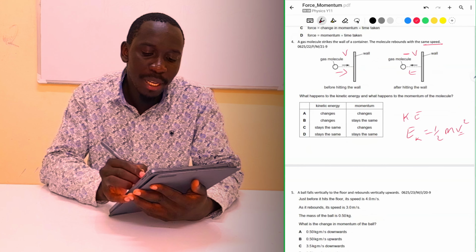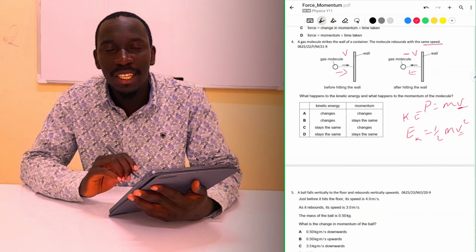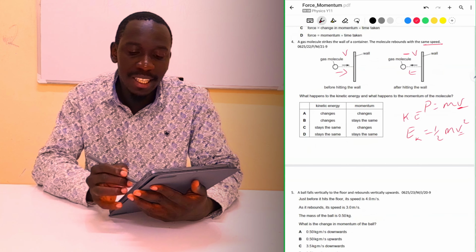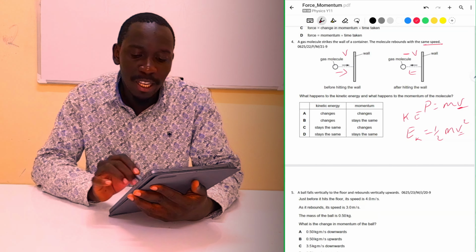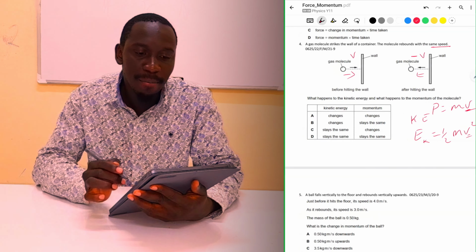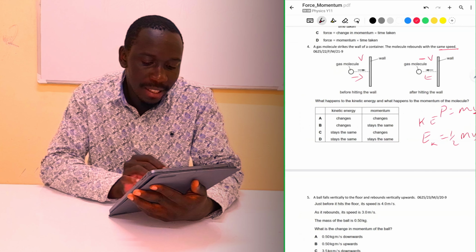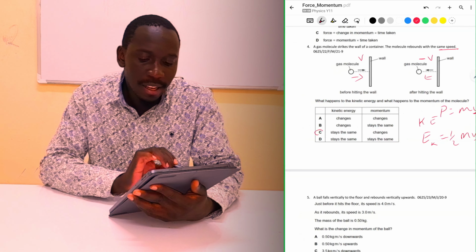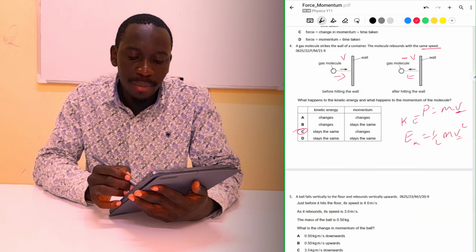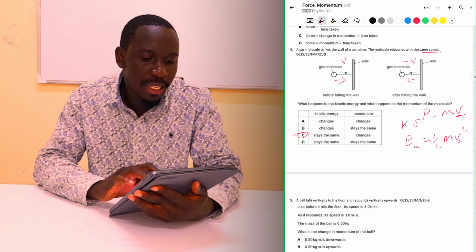But momentum is mv, where this v means velocity, not speed. Velocity is a vector quantity, while speed is a scalar quantity. So the one that is going to change here is momentum. Kinetic energy will remain the same, while momentum changes. Why? Because for kinetic energy, if the mass is the same, it is the speed that matters, and the speed is unchanged. So I hope that is clear.